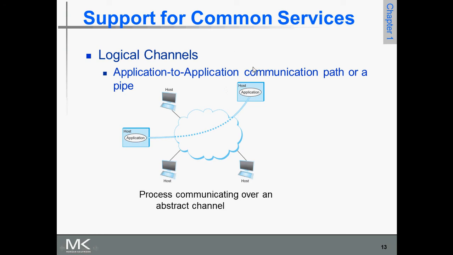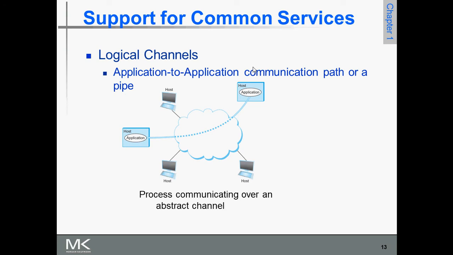Support for common service. So what is meant by support for common service? It is very simple. If an application programmer wants to create an application that sends data to another node in a computer network, one way of writing the application is writing the complete code in each and every application.